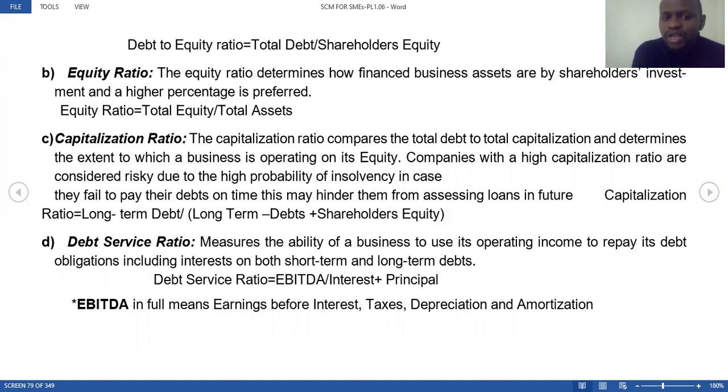Then we also have the capitalization ratio, and this ratio compares the total debt to the total capitalization, and it helps to determine the extent to which a business is operating on its own.